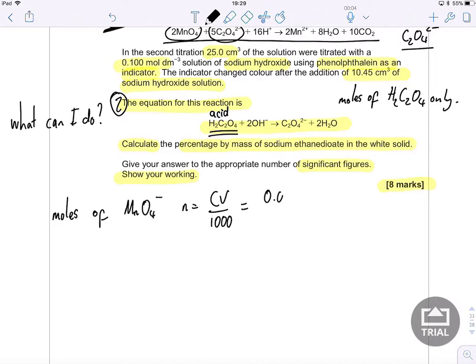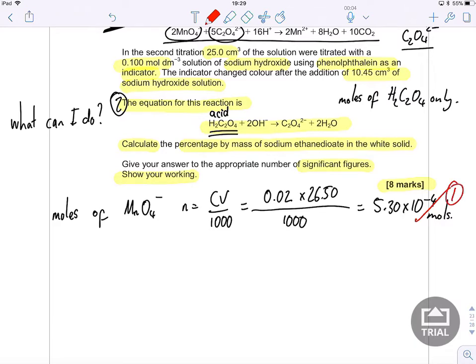My concentration was 0.02. Don't forget to put that 0 before the decimal place in. Multiplied by 26.50 divided by 1000 gets me 5.30 times 10 to the negative 4 moles. That gets me 1 mark. Everyone can do that. You might not have a clue where the answer's going yet, but everybody can do that.